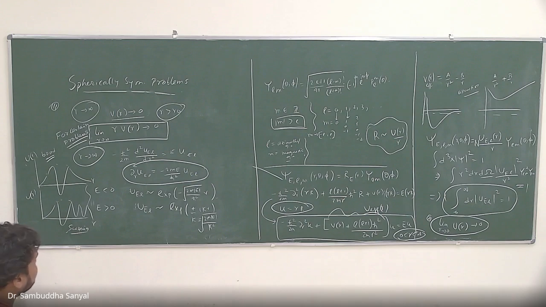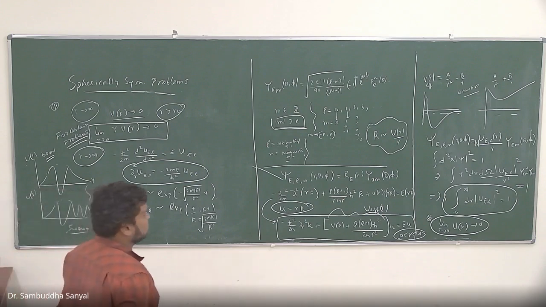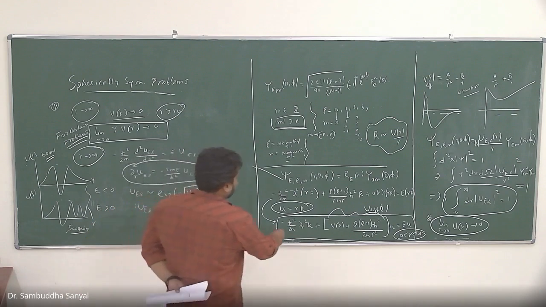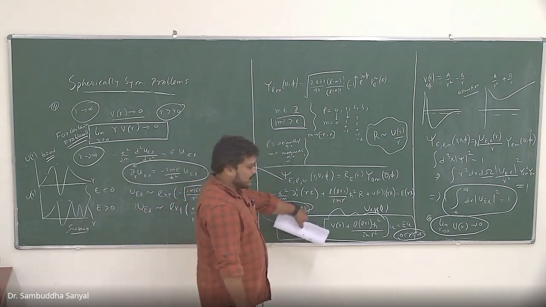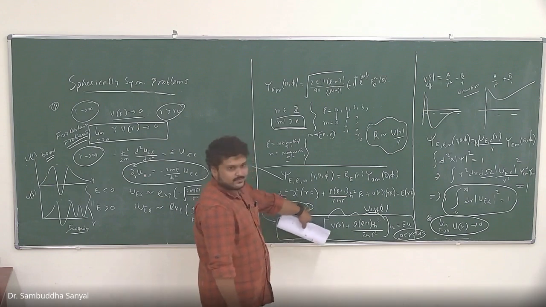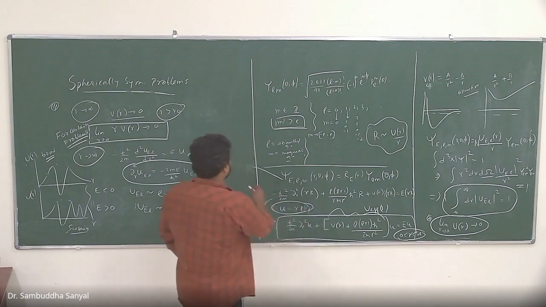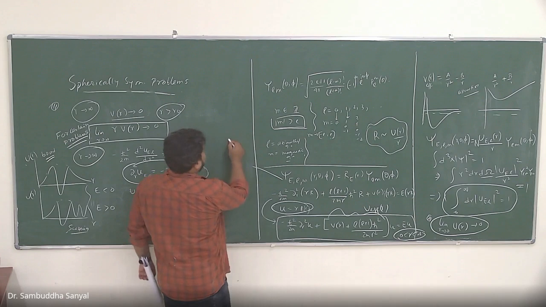No, we didn't assume anything. It's just a redefinition. R is a function of r, and whatever the function is, I can write it in this form. For example, if R is r to the power l, then u is r to the power l minus 1.